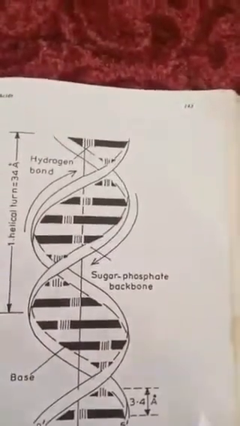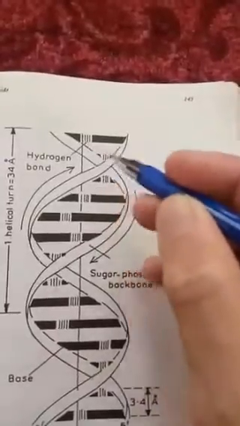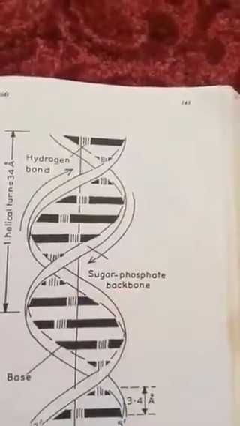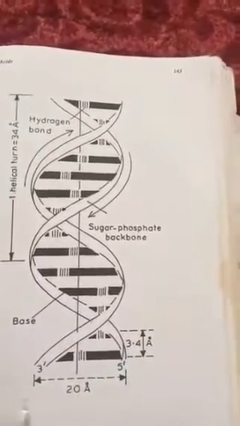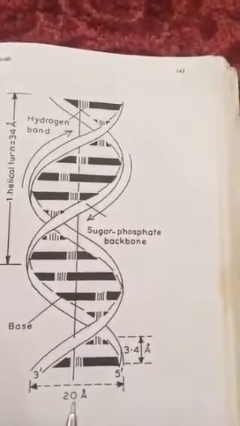Each turn of helix consists of 10 base pairs. You can have a look here. Diameter of helix is about 20 angstrom.